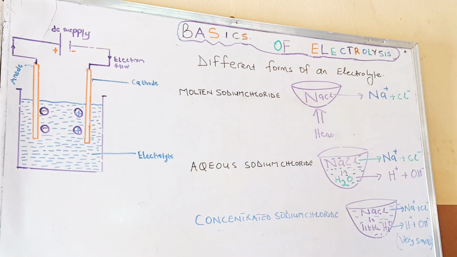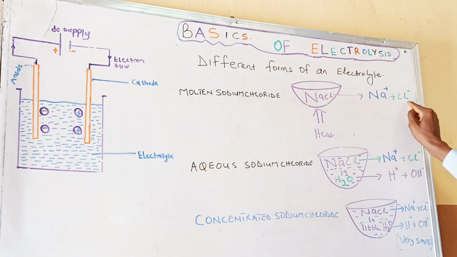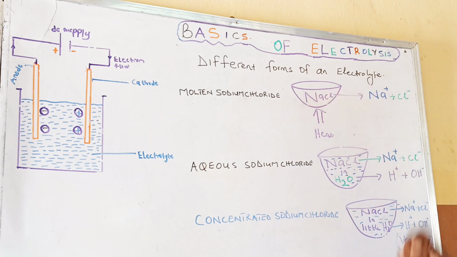All right. Now, if we are talking about molten sodium chloride, which we obtain by simply taking your electrolyte, like our kitchen salt, and putting it in a frying pan and heating it to a very high temperature, the only ions we will have to contend with are the ions coming from the electrolyte as shown in the diagram.